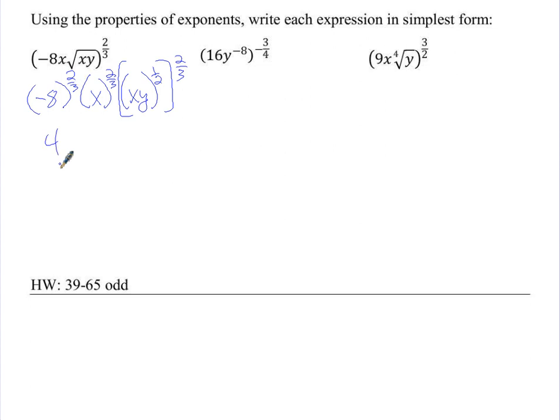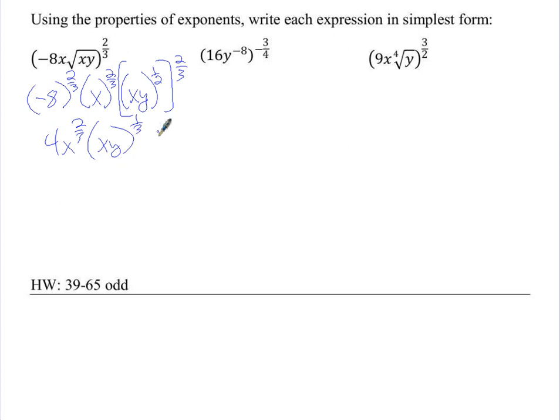X to the 2/3 becomes x to the 2/3. xy to the 1/2 to the 2/3, what do we need to do there? This is a power to a power, so we multiply the exponents. So this is xy to the 2/6, which is 1/3.